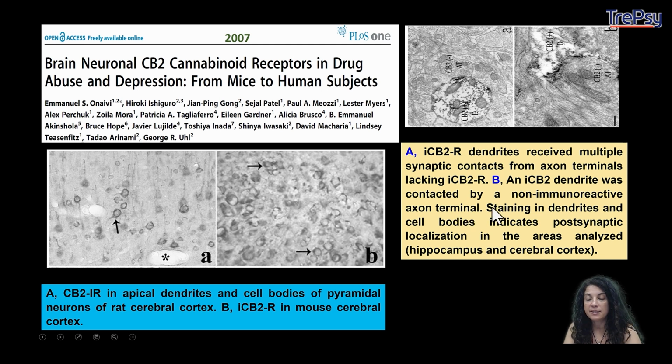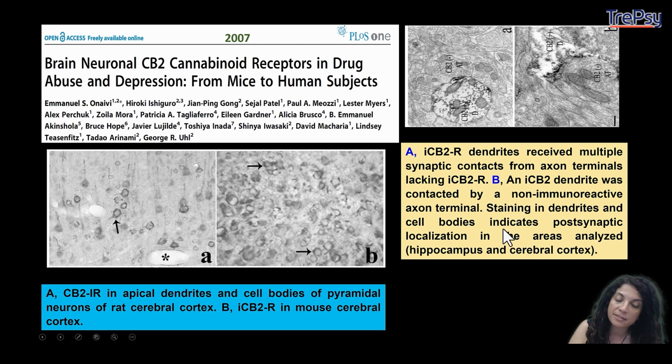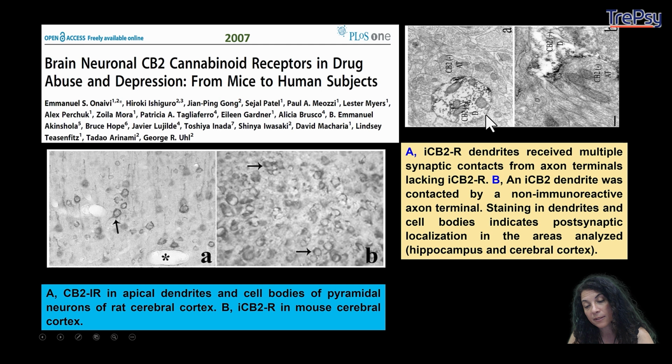The staining in dendrites and in cell body indicates postsynaptic localization in the areas analyzed, hippocampus and cerebral cortex.